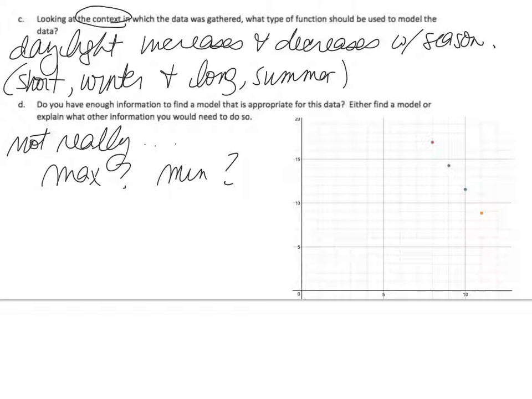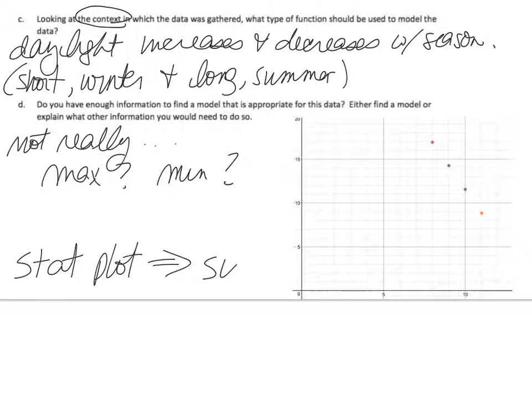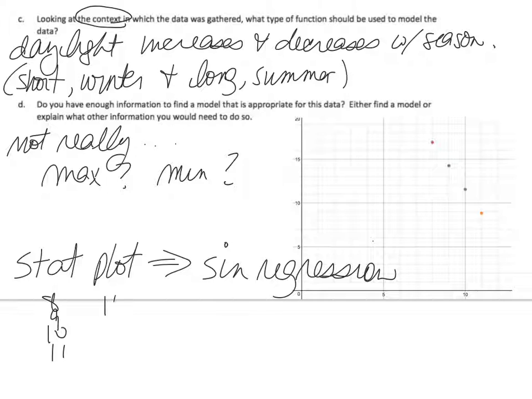What you can do is, using your stat plot, sine regression on your calculator, you can get an estimate of your periodic function. So you can plug all the data in, your 8, 9, 10, and 11, and the hours, and let your calculator do a sine regression.